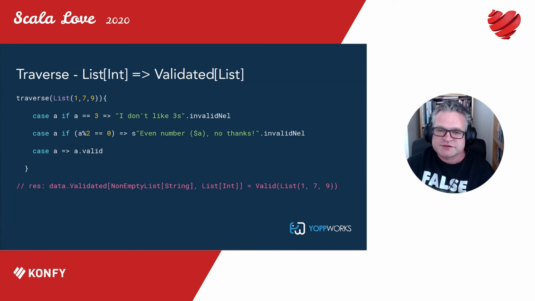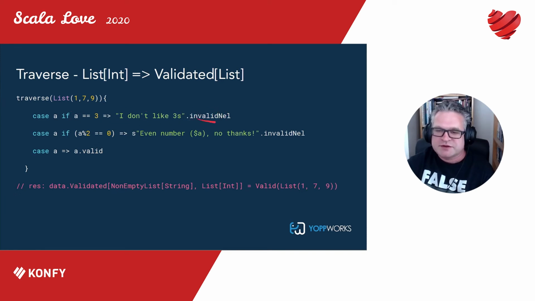We traverse a list of integers, and what we want back is a validated list. So we give it this list of integers, we give it a function, and we have a different rule for each kind of input number. If the number is good, then we return a valid type. And if it's bad, then we return an invalid type.